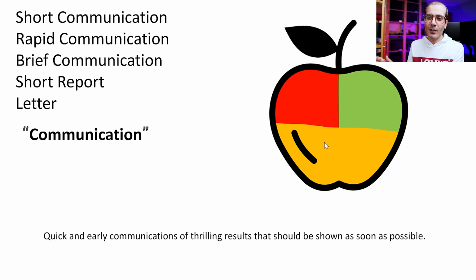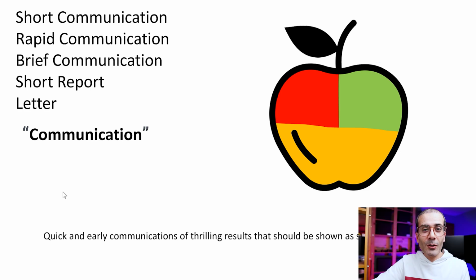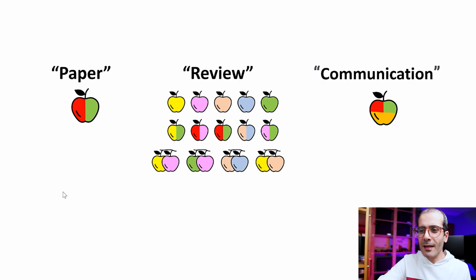So you publish it as a communication, and usually there should be a follow-up research paper, but in this case, because you have done the research and you know it's limited, you can't make anything out of it more than what you did, so you just go ahead and publish it as a communication. So this is how it works. Not all people use it the wrong way, but this is just something to know. And in short, we have these three types of research paper, review, and communication.